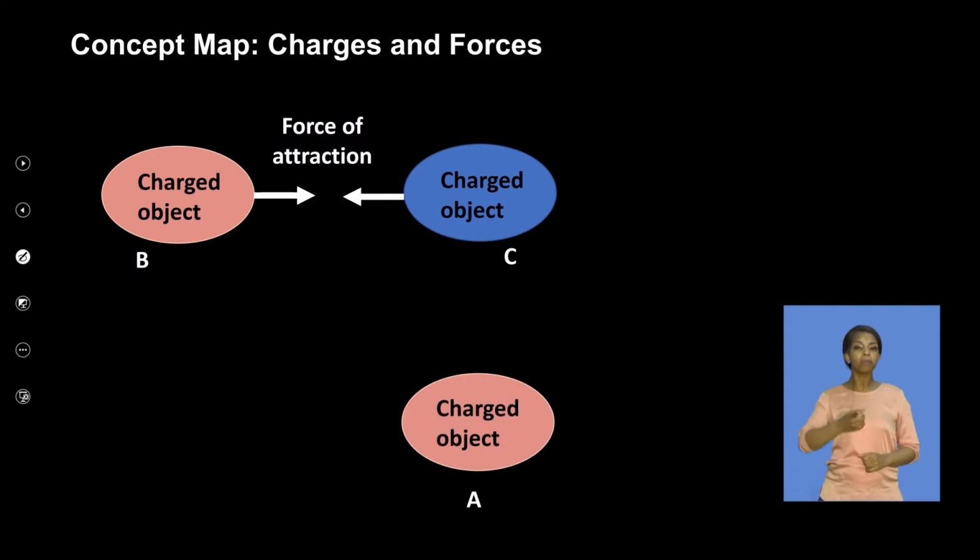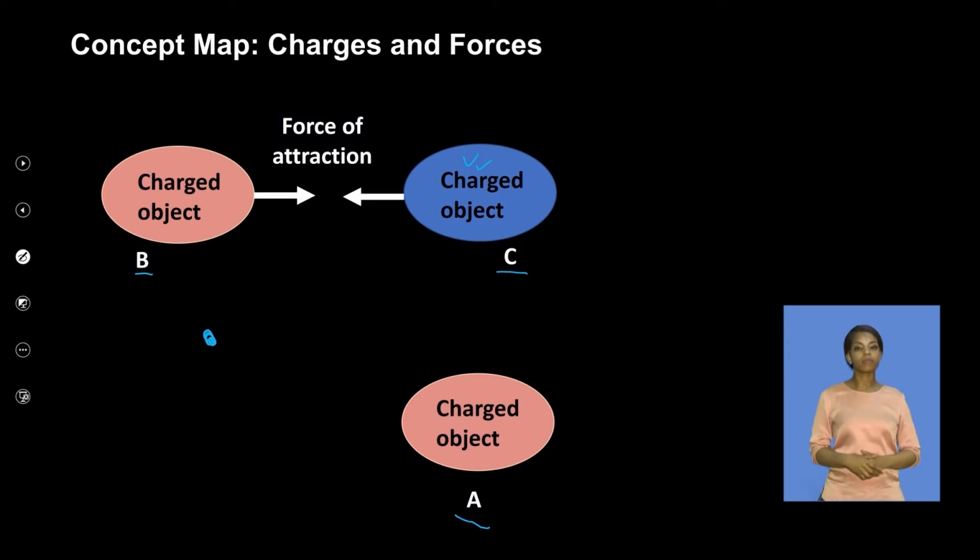If we say, for argument's sake, we've got three charged objects, in this case B, C, and A. You'd realize that A and C are opposite, and B and C are opposite, while A and B are like charges. So if we consider the force exerted by B on C, let's concentrate on C. There are two objects that exert an electrostatic force on object C. If we were to draw a vector diagram or a free body diagram, we would have something of this sort.